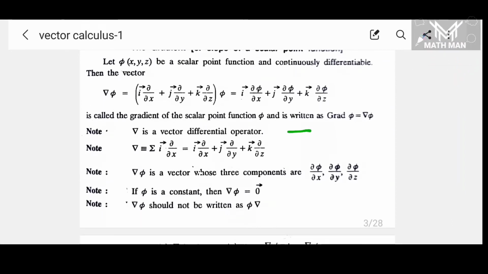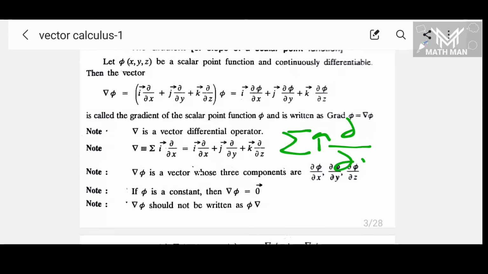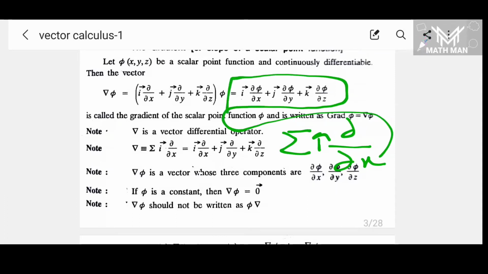Remember, sigma i cap dou by dou x is equal to this, because we are adding the sigma part. If we add sigma, we have to add everything, no?